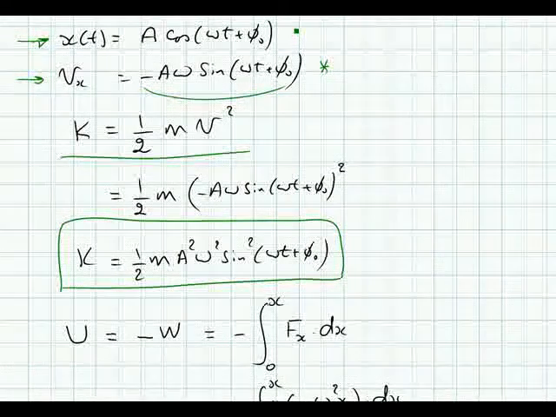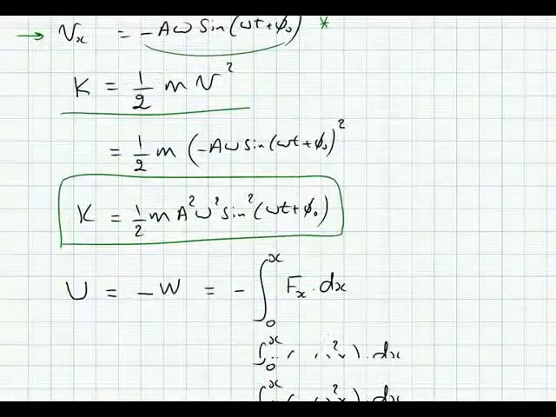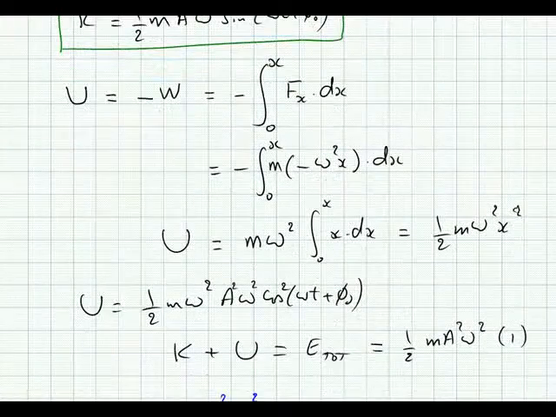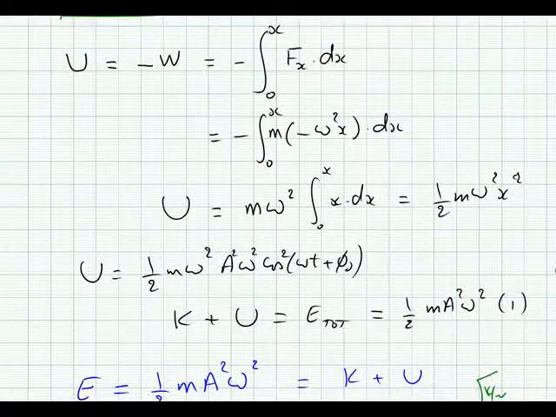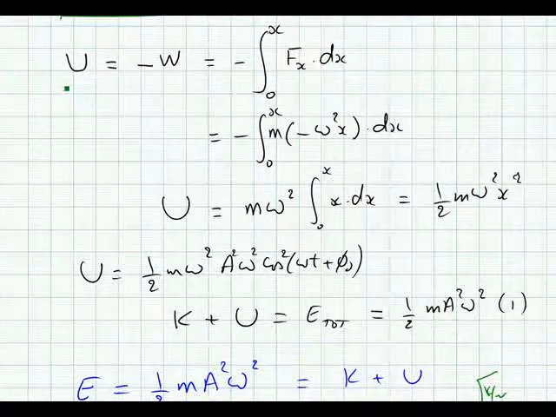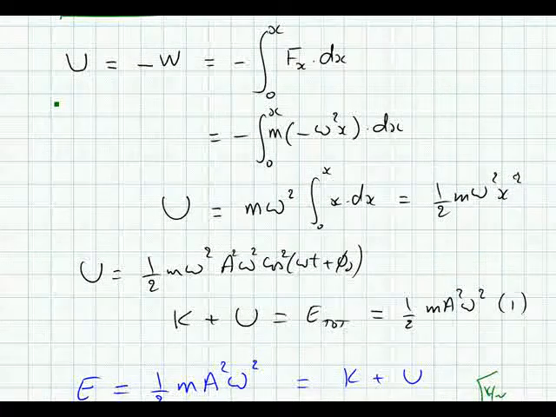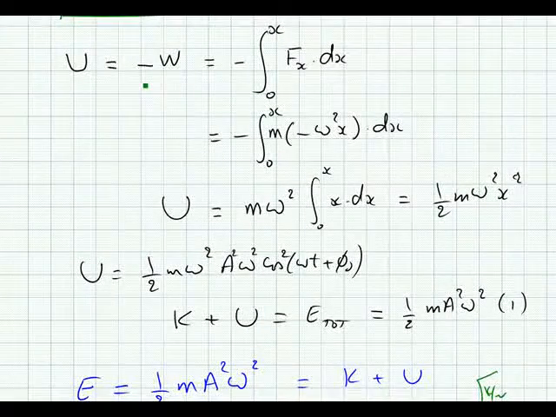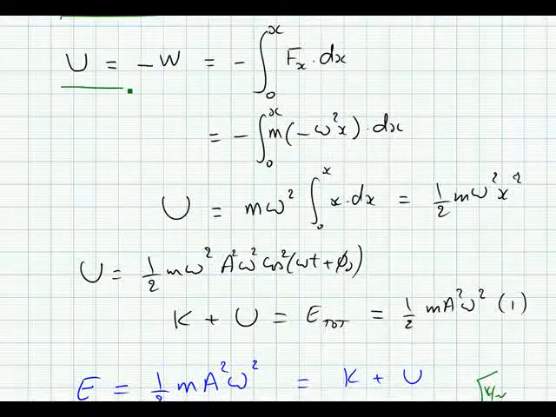Potential energy is position dependent, so we're going to make use of the position equation. We had seen back in chapter 10, I believe, that the potential energy of an object is equal to the negative of the work done by the force that causes that potential energy.